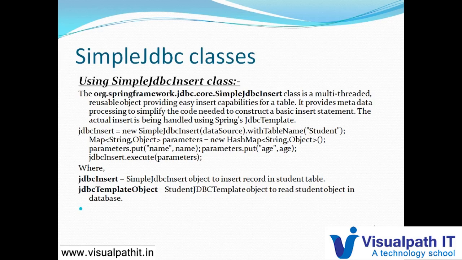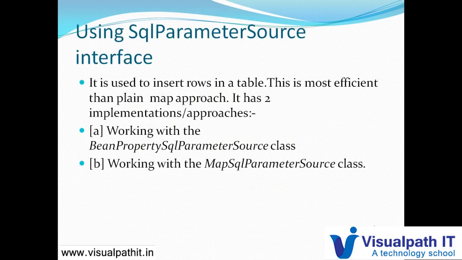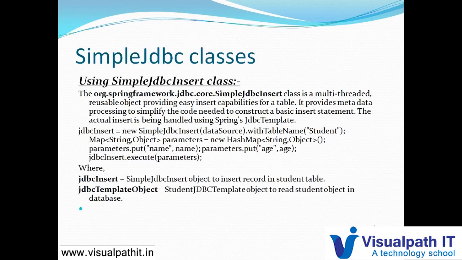So the JDBC employee DAO, we are using the JDBC employee DAO for this purpose. First we are declaring the JDBC employee DAO, that is, we can give any name to it. It's a data access object which implements basically the employee DAO or whatever.